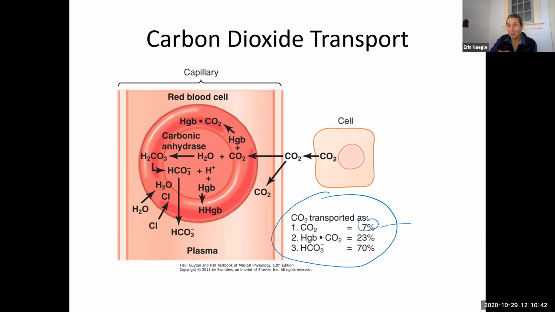That is because carbon dioxide is also binding to the hemoglobin, so the oxygen isn't binding to hemoglobin so strongly. And most of your carbon dioxide is moving through your blood as HCO3, which is bicarbonate. We'll be talking about how all of that happens.